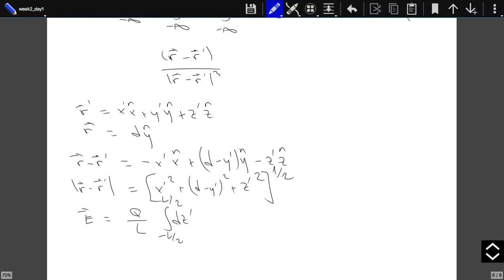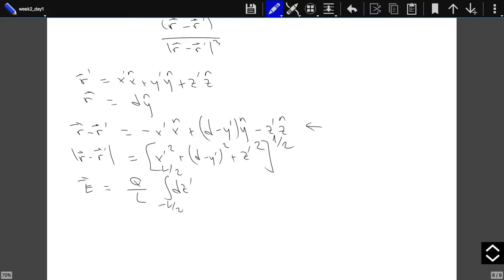And r minus r prime vector I had evaluated over here. But remember, in r minus r prime vector, for x prime and y prime, I should just put 0. What remains is d in the y hat minus z prime in the z hat.